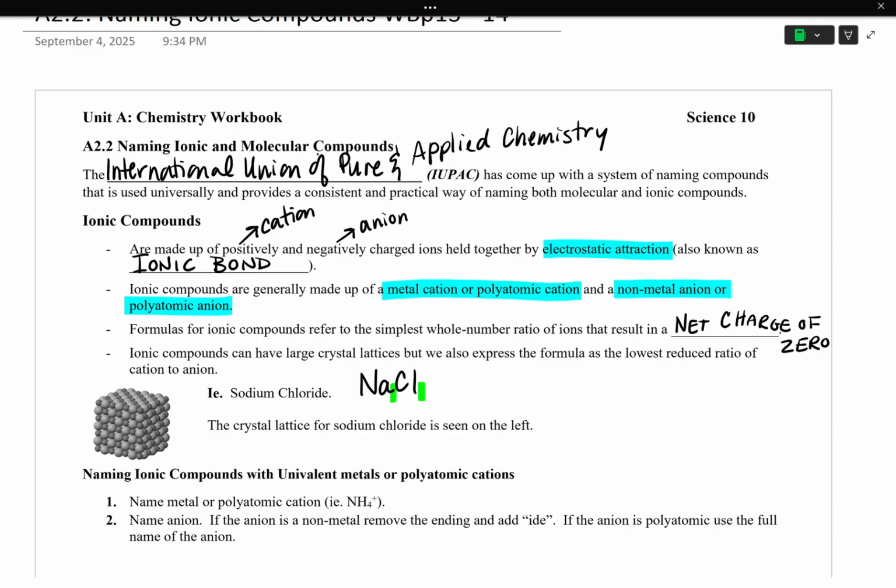So when sodium and chlorine want to bond to form sodium chloride, they are going to bond in what we call a 1-to-1 ratio. So 1 sodium ion will bond to 1 chloride ion.